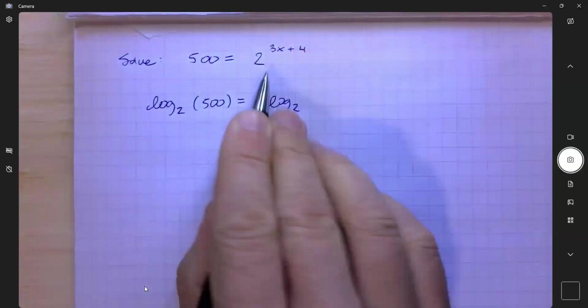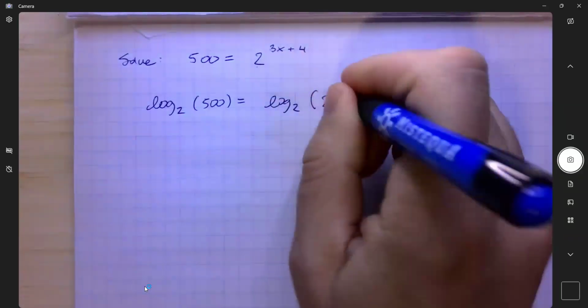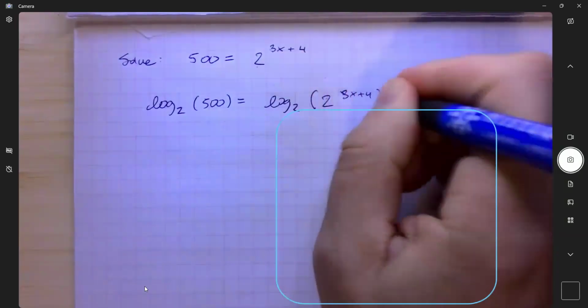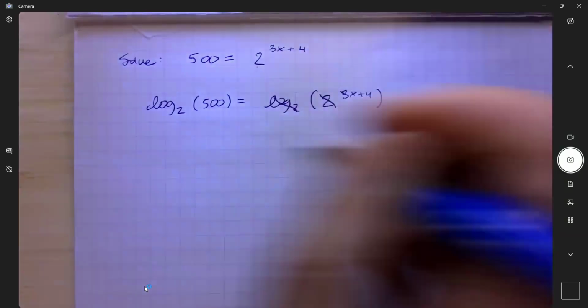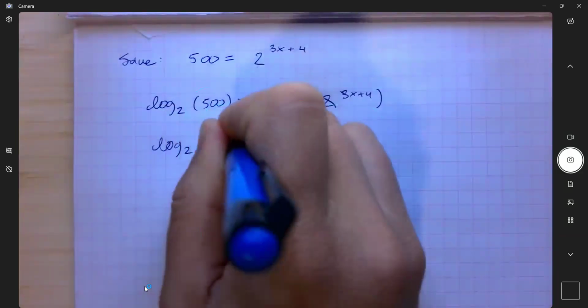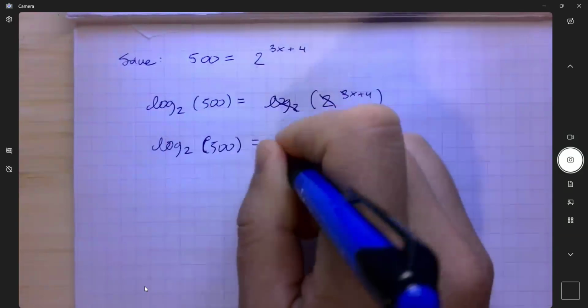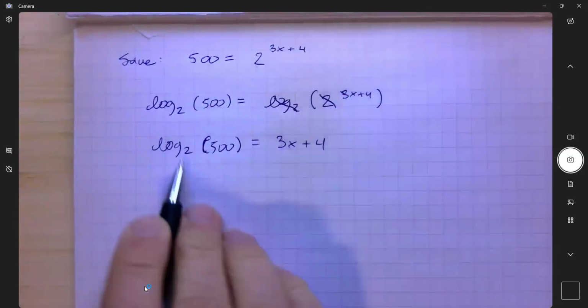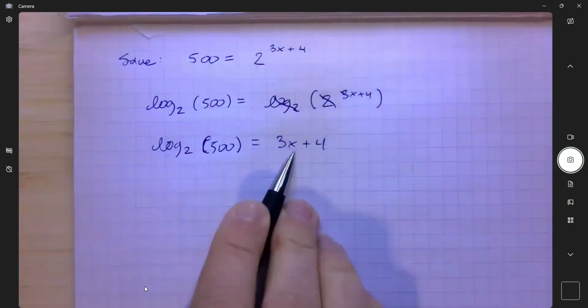As long as I choose the same base, then the log and the base cancel, and it gives me log base 2 of 500 equals what was in the power, because remember, logs are powers.